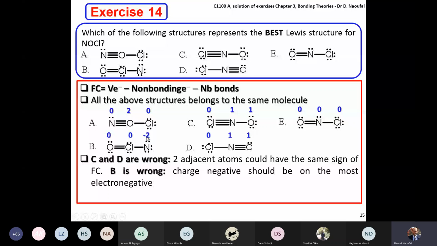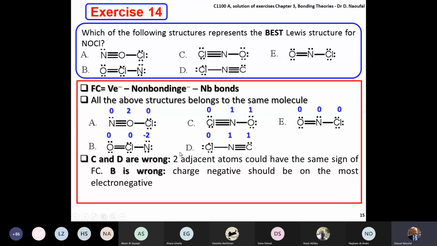The minus should be on the most electronegative atom, so the minus should be on the oxygen. The oxygen is more electronegative than Cl and more electronegative than nitrogen. So the negative charge should be on oxygen. So B is incorrect, and D is incorrect.